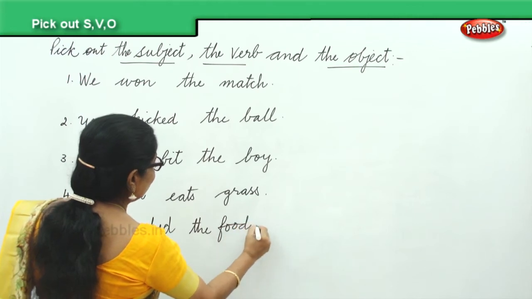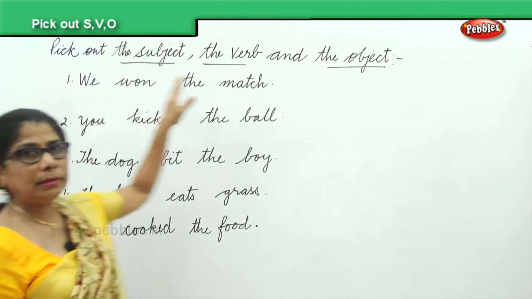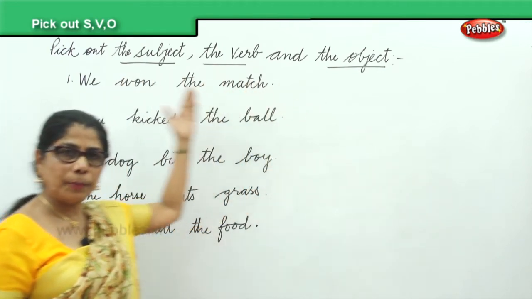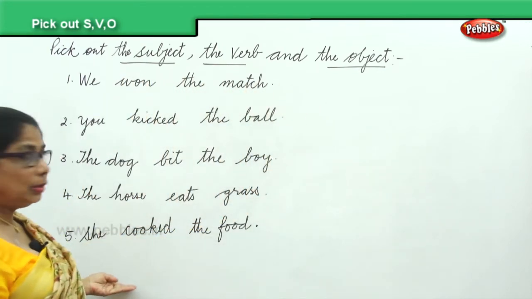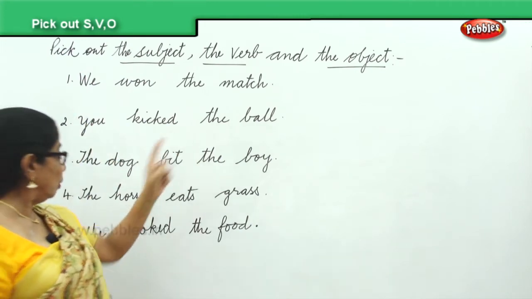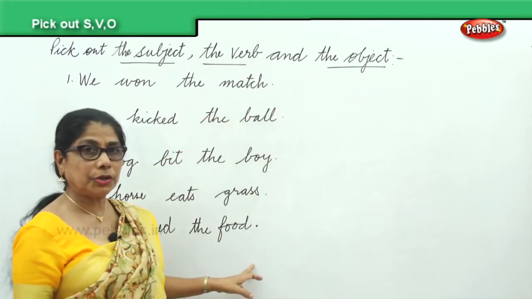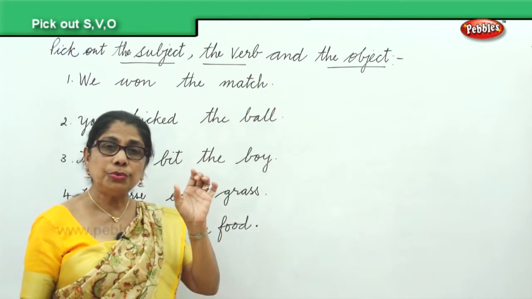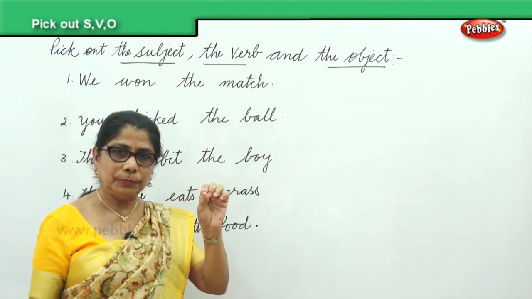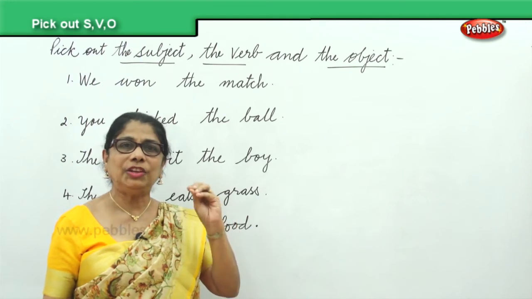Now, these are all sentences, beginning with the capital letter, ending with the full stop. All these 5 sentences begin with the capital letter and end with the full stop. We are going to pick out which is the subject, which is the verb, and the object.